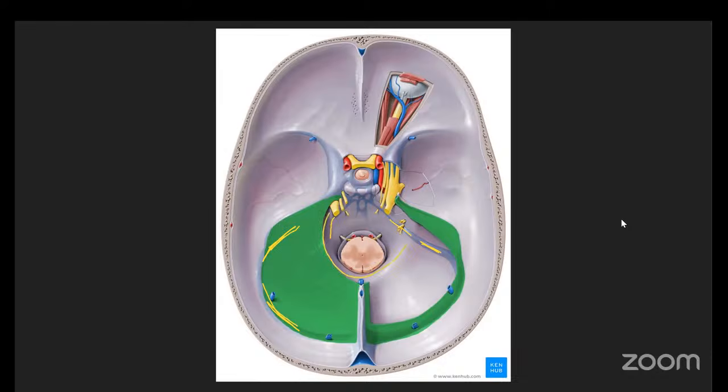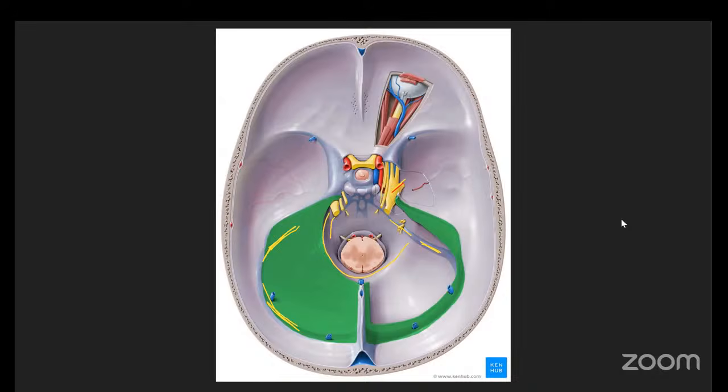And why is it important? Because it's a very congested area with a lot of nerves, a lot of important neurovascular structures that are critical to preserve. We cannot risk not preserving them. So just to go over briefly, what nerves can you see? Can somebody volunteer? This is pretty easy. So what is this structure here? This is trigeminal, right?